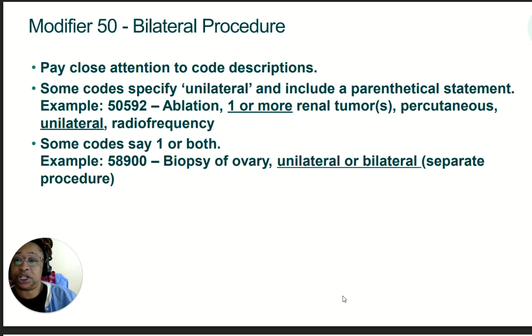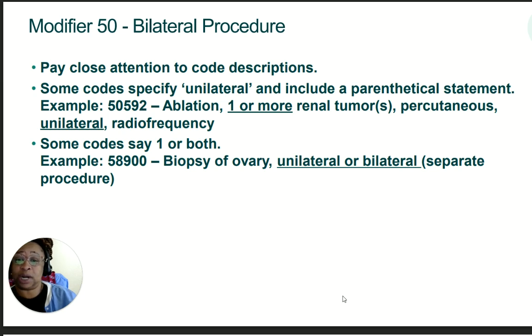Please pay attention to the code descriptions. Some codes specify unilateral and include parenthetical statements. Example, code 50592, ablation of one or more renal tumors, unilateral. Some codes say one or both. 58900 is a biopsy of the ovaries.